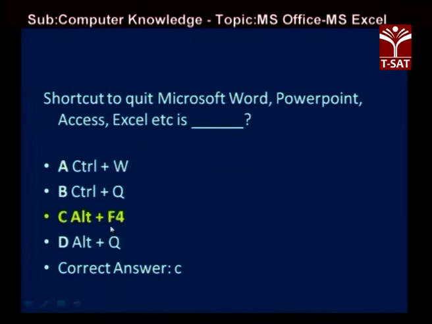These are very important concepts of MS Excel for competitive exams, and I will explain questions and answers also. To close or quit a program, the shortcut for Microsoft Word, PowerPoint, Access, Excel and so on is Alt plus F4.